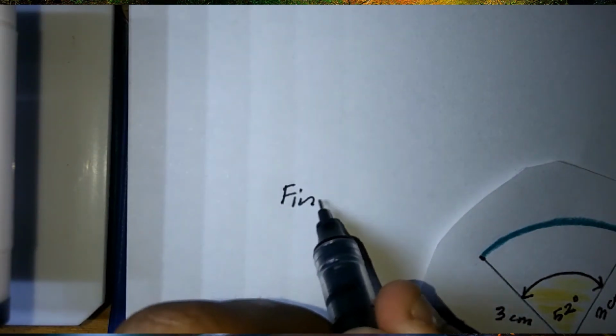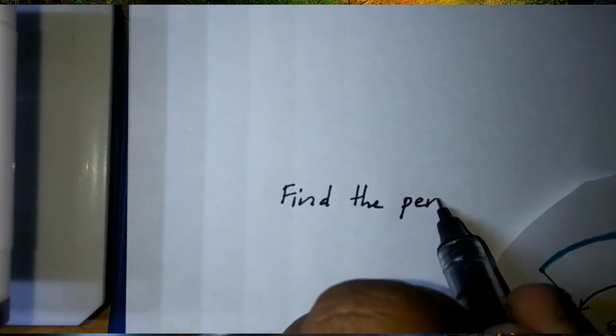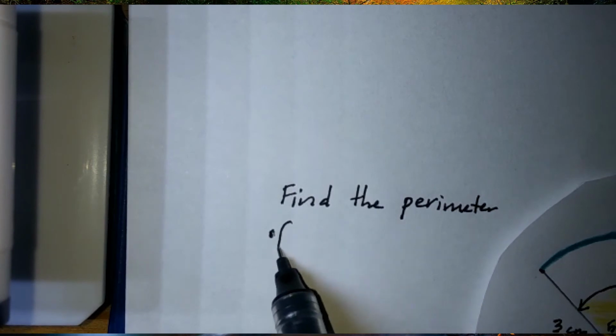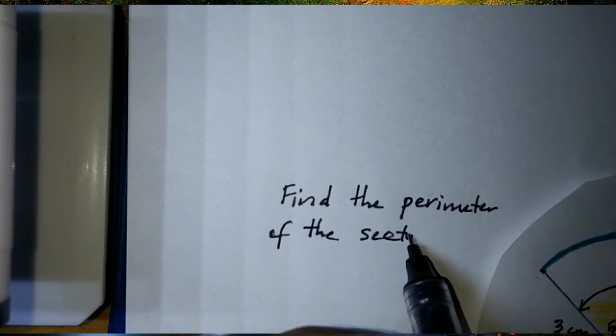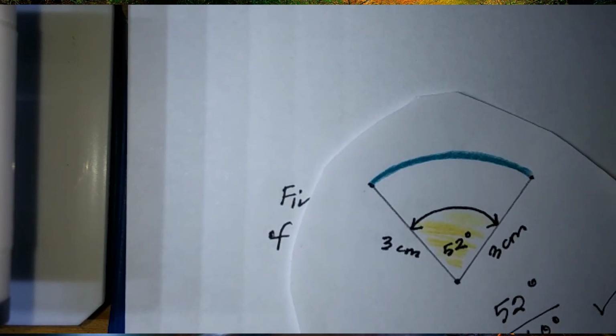A trick question that we usually get is to find the perimeter of the sector. Let me write it for you. This pizza-looking shape is really a sector. It's a fraction of the circle.